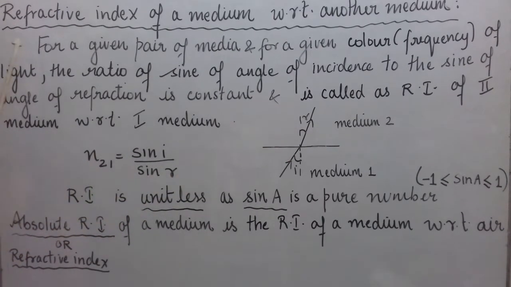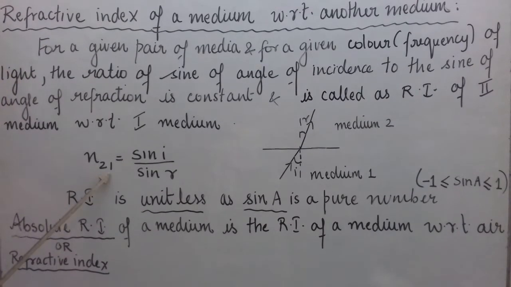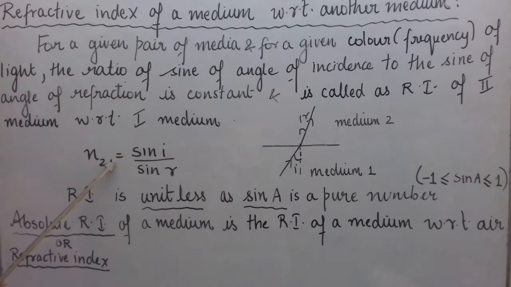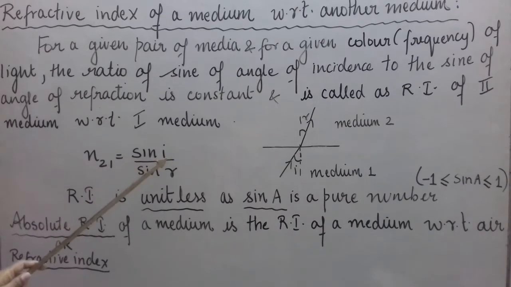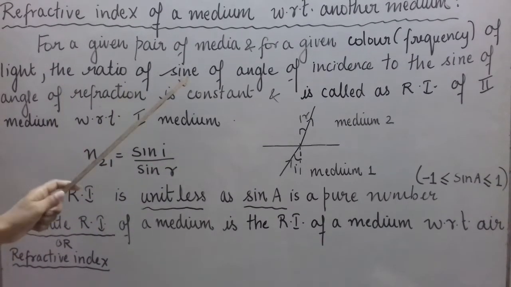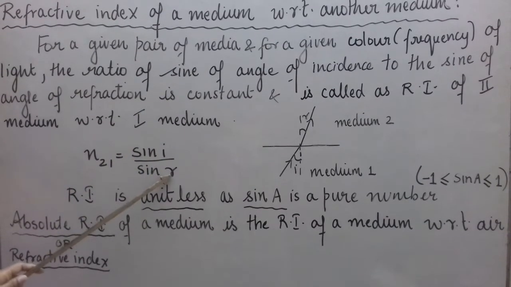So mathematically we can write from here that N21, what is N21? Refractive index of second medium with respect to first medium is equal to sine of I divided by sine of R, because it is a ratio of sine of angle of incidence to the sine of angle of refraction.